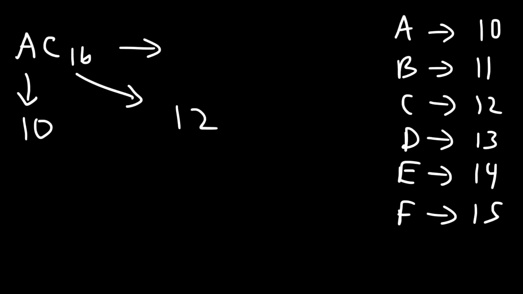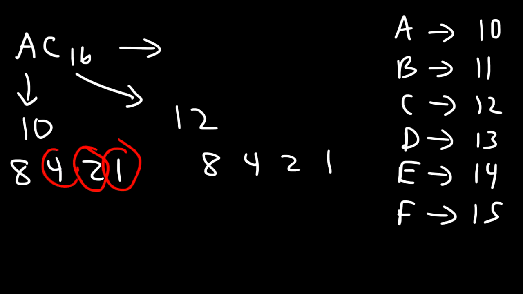Now, our next step is to convert these two numbers into binary numbers. So let's use the numbers 8, 4, 2, and 1 for each of them. Keep in mind this is 2 to the 0, 2 to the 1, 2 squared, and 2 cubed. So 10 is the sum of 8 and 2.